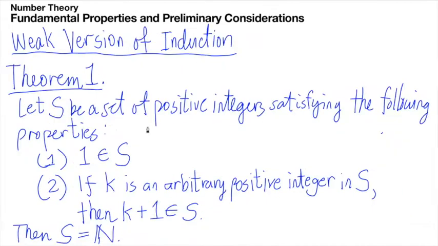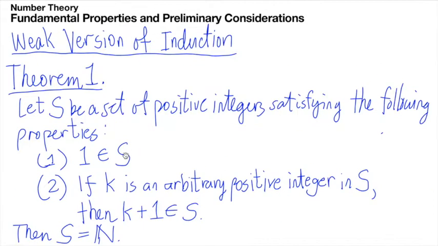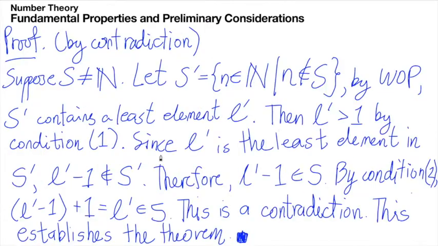By condition 1, we know that 1, the least of all the positive integers, is in S. Therefore L prime, which is in S prime and not in S, must be greater than 1, because 1 is in S. Since L prime is the least element in S prime, L prime minus 1 is not in S prime.